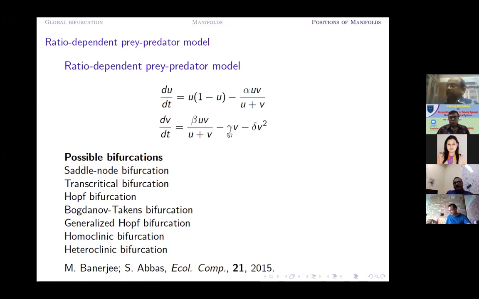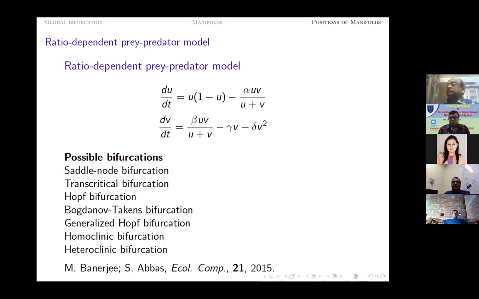And once you have this restriction, now you can count: alpha is either greater than 1 or less than 1, beta is greater than gamma, and third, beta should be greater than gamma plus delta. Now if you apply all these things, then you are free to choose. If you choose gamma equal to 1, delta equal to 2, then your beta will be at least greater than 3.